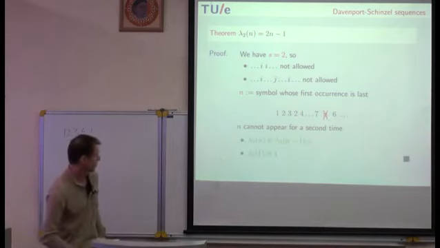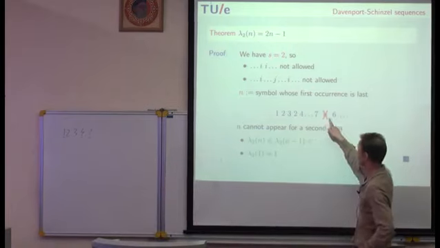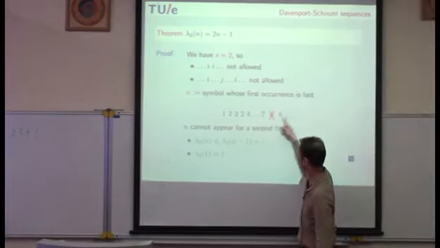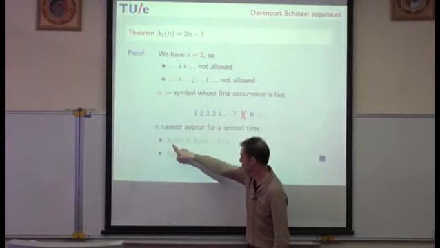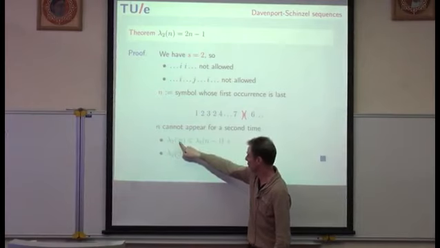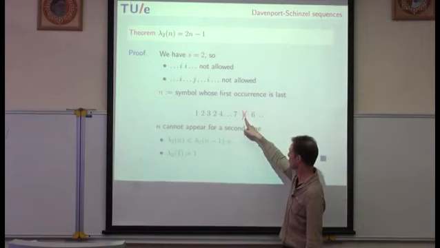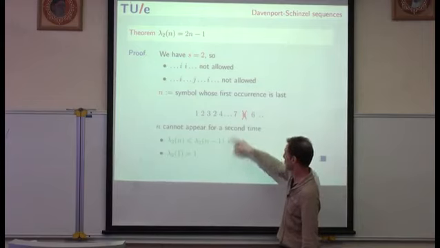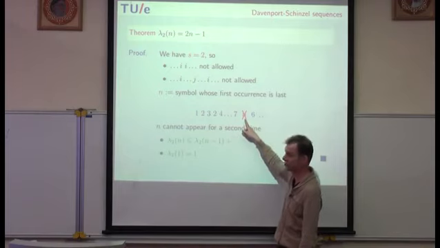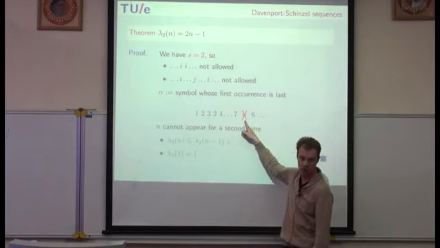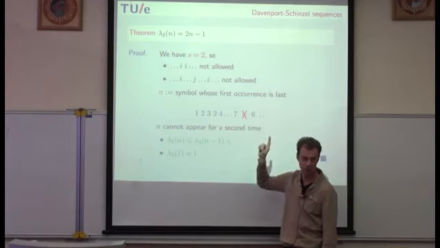I remove this one. So what is the length that I can get here? The length of a Davenport-Schinzel sequence of order 2 with n symbols. If I remove this, I would have plus 1 here maybe. Is that correct? If I remove this, do I get a Davenport-Schinzel sequence with n minus 1 symbols?